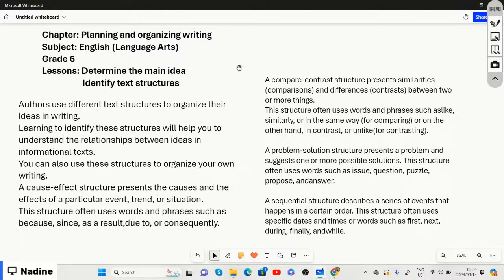So usually we do the planning and stuff, but that is basically text structures.